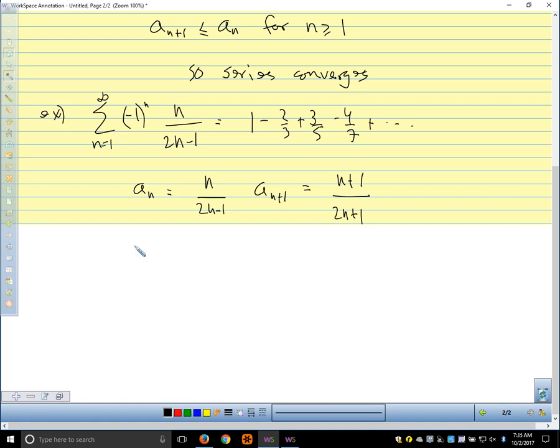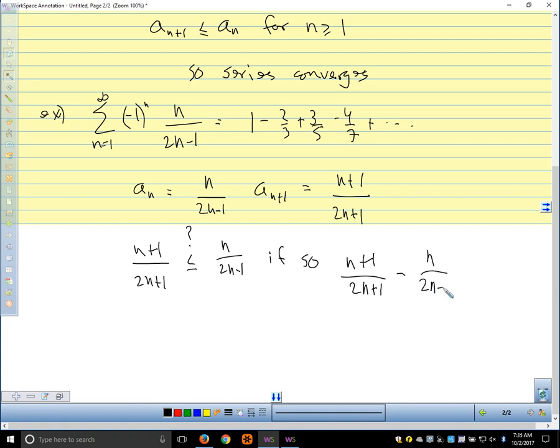So we're going to say n plus 1 over 2n plus 1 less than or equal to, with a question mark, n over 2n minus 1. If so, then n plus 1 over 2n plus 1 minus n over 2n minus 1 has to be less than or equal to 0.